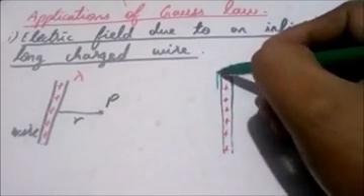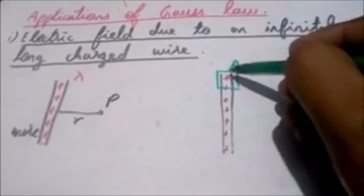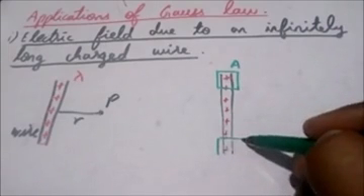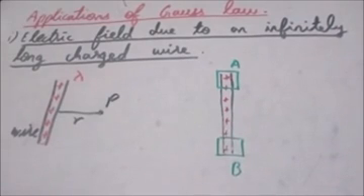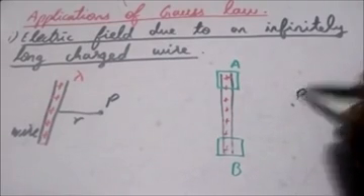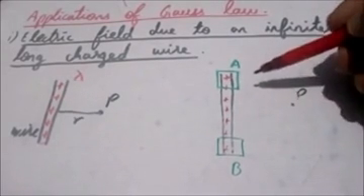So this portion is a charge element here. Let's name this charge element A. That means it's a part of the wire. Then here also take another charge element and name it B. Now the point P is here. You know that the electric field lines due to positive charge always go outward.